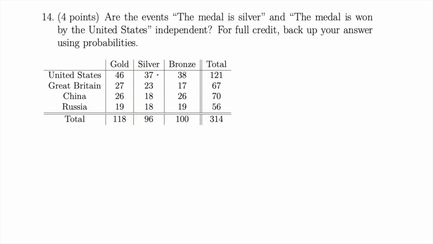So in number 14, we have a different idea here. We're wondering, are the events, the medal is silver and the medal is won by the United States, independent? For full credit, we need to back up our answer using probabilities.